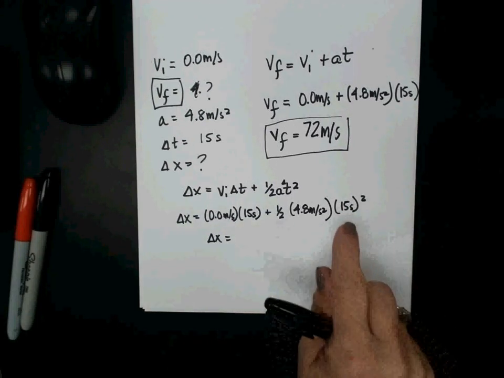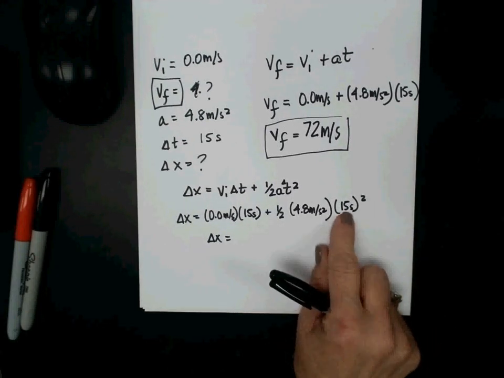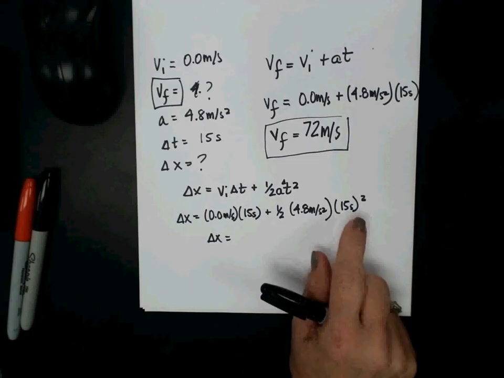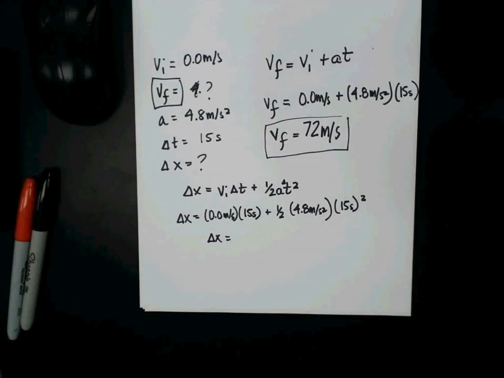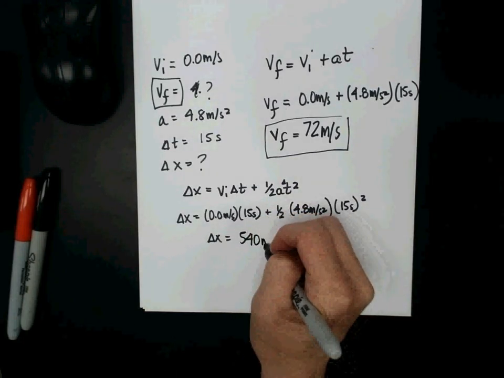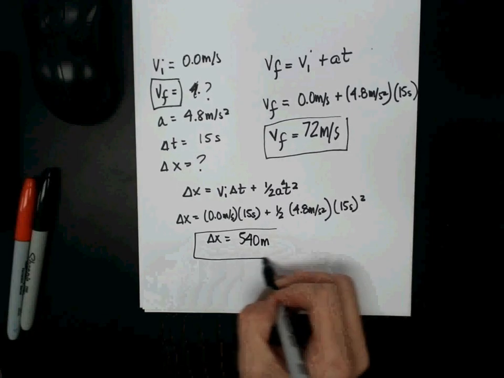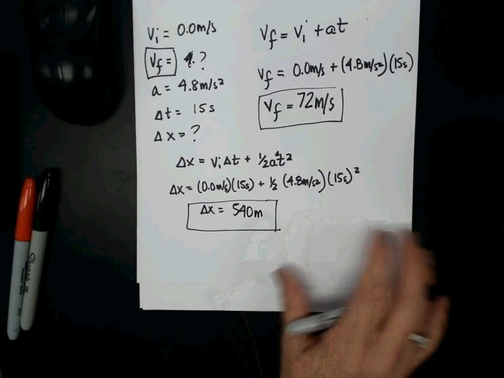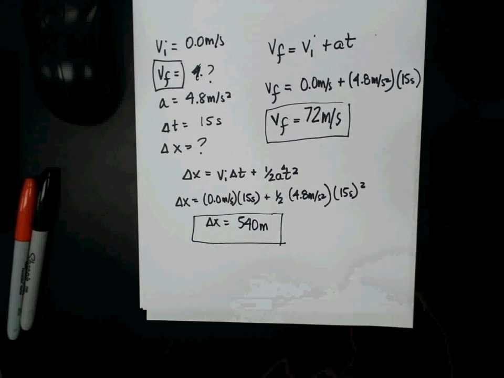It's the most common mistake made. Don't feel bad if you did it. You forgot to square the time. That gets more people than anything I can think of on these tests. If you square it, you'll have the right answer. If you got 540, you squared it. That is the correct answer. I was actually hoping somebody would get 36, so I could point out not to forget to do that.